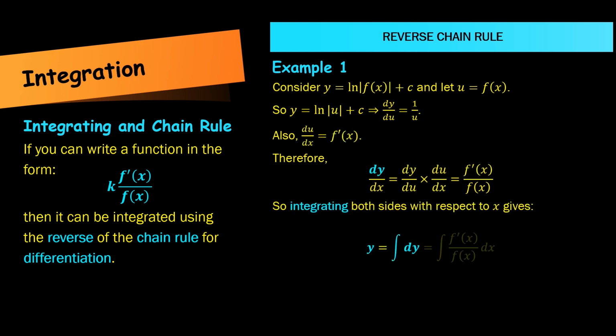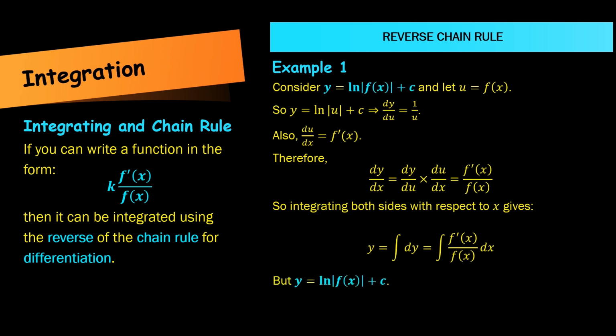And so if we integrate both sides with respect to x, we have y, which is of course equal to the integral with respect to y, equals the integral of f dash of x over f of x dx. However, we know that y equals ln mod f of x plus c.